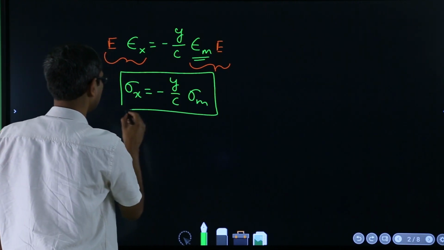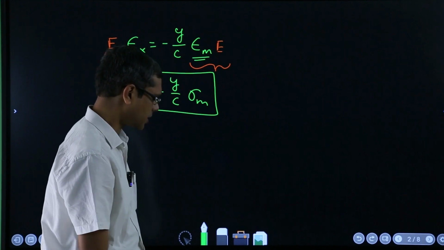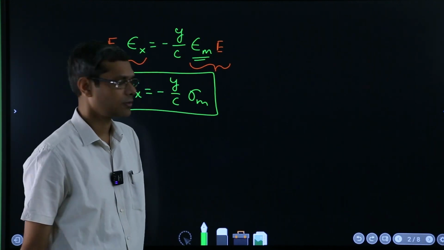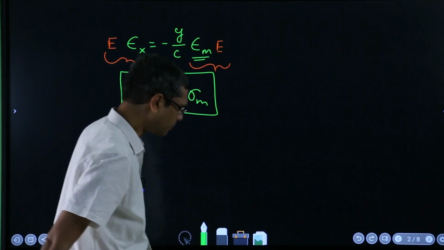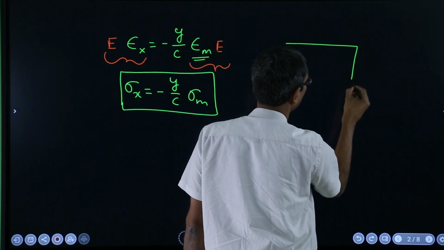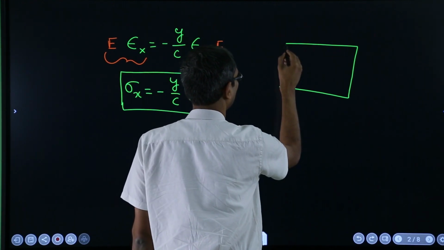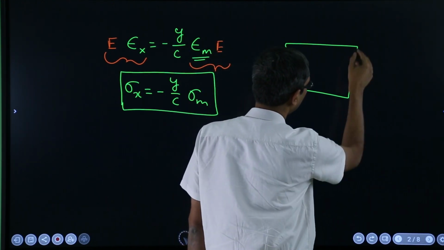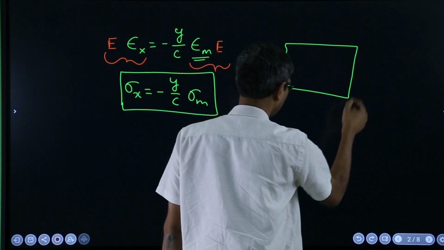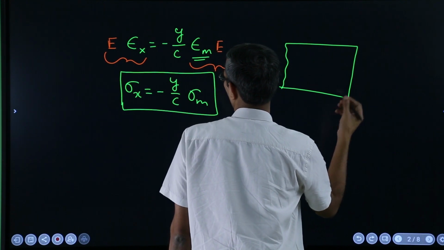Now, this tells us that the stress varies across any cross section in this way. Just to show a diagram, suppose this is the side view of the beam, and this is the side view of the cross section at which we are discussing these things.